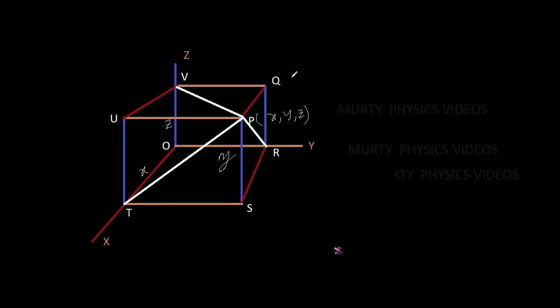Let us find the coordinates of this point Q. We know that this is x, this is y, OR is y, and OV is z.